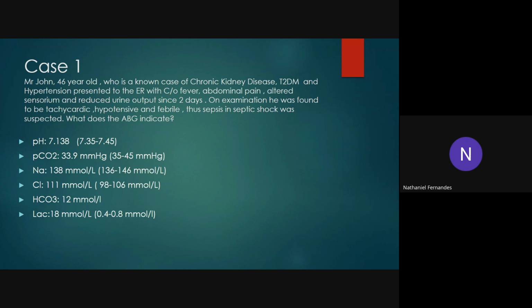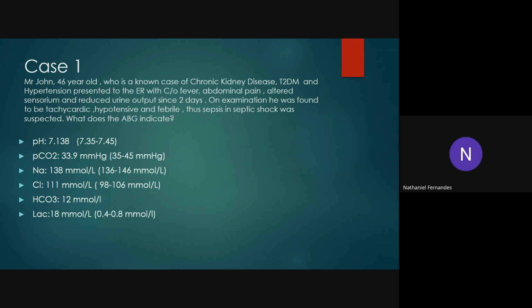High anion gap metabolic acidosis, really because of lactic acidosis. Okay, why do you say it's a high anion gap metabolic acidosis? Because the fall in bicarb is more than the PCO2.